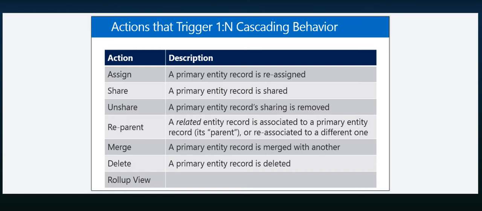On cases, it's very common to create tasks, appointments, etc., other activities that other people, not the case owner, are supposed to perform. So if you reassign the case, that means all the open activities, everything that you lined up that other people are supposed to be working on, will be reassigned in the same process as when you're reassigning the case itself.